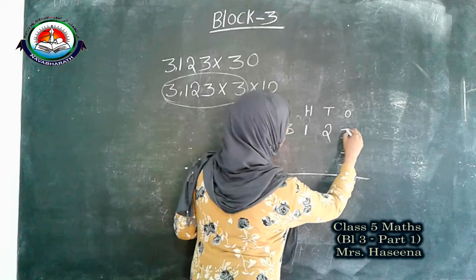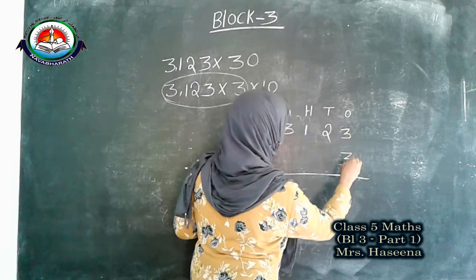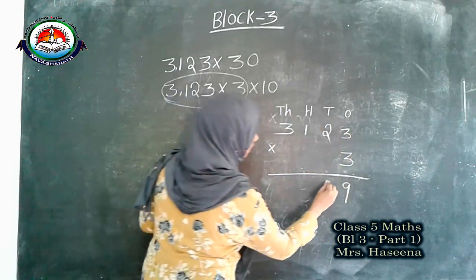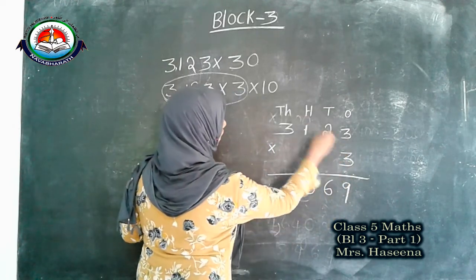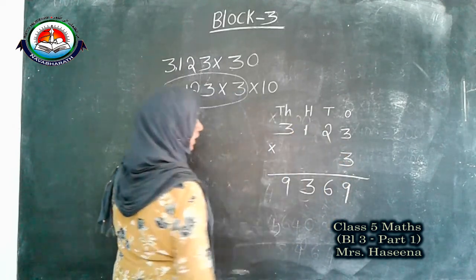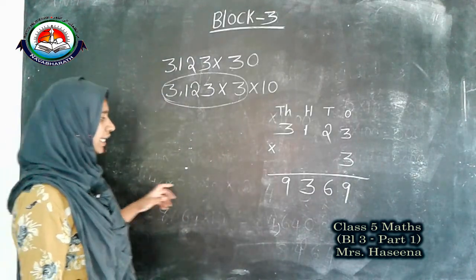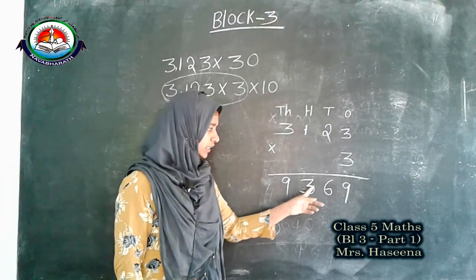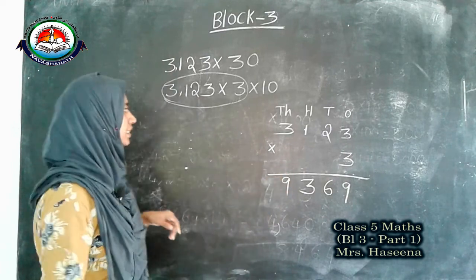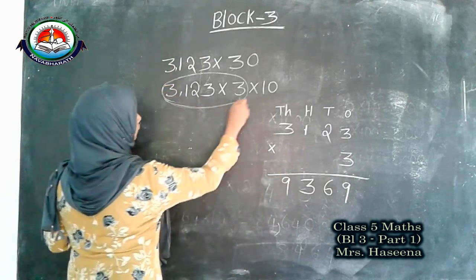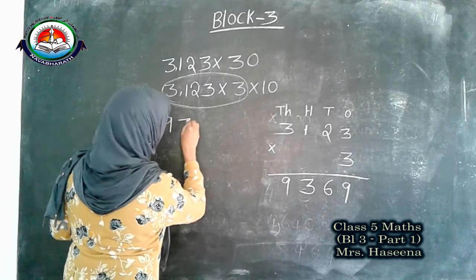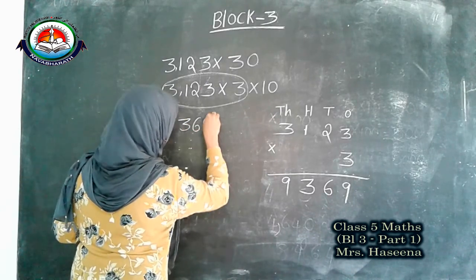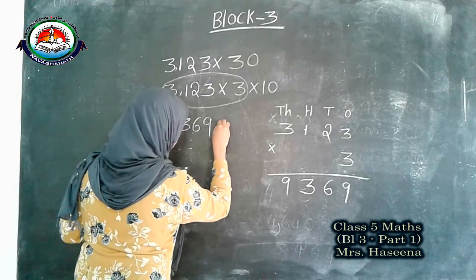So 3 into 3, 9. 3 into 2, 6. 3 into 1, 3. 3 into 3, 9. So we got 9369. Instead of this number, we can write 9369 into 10.